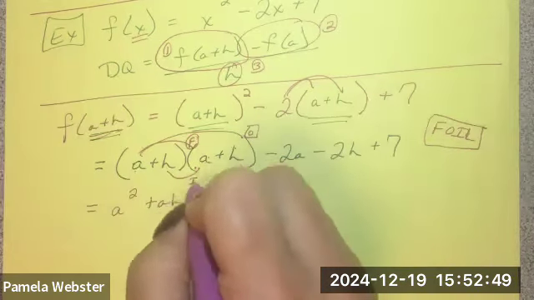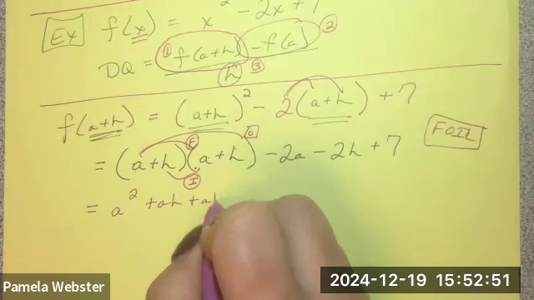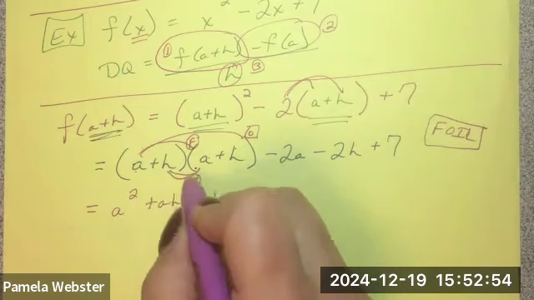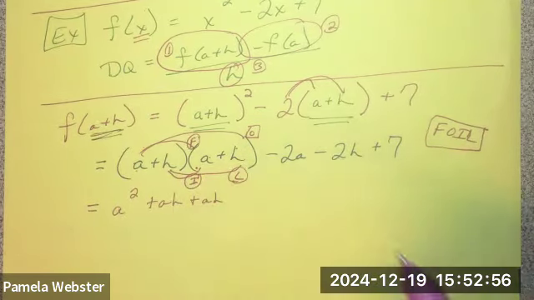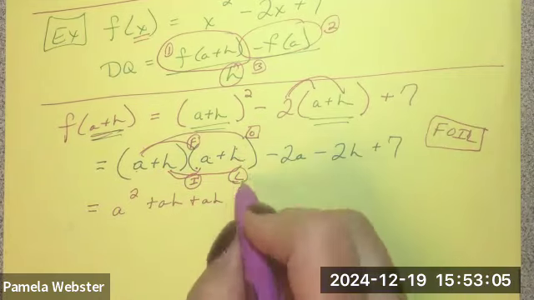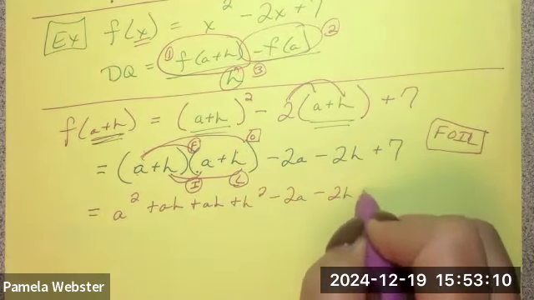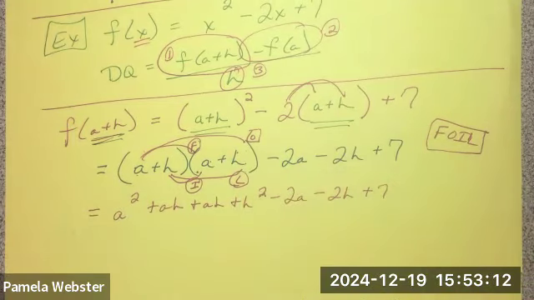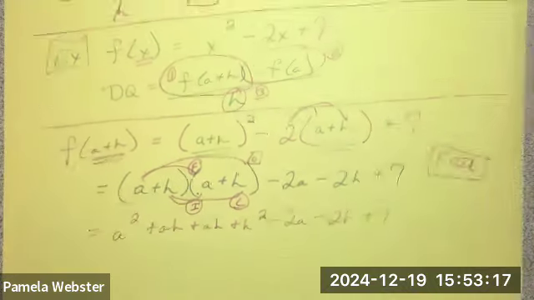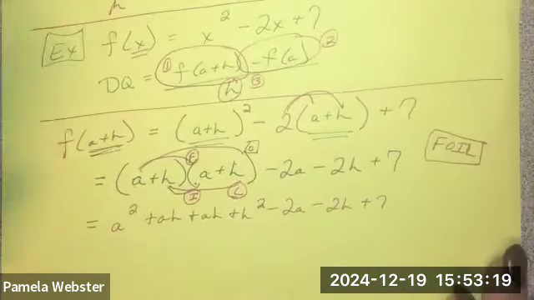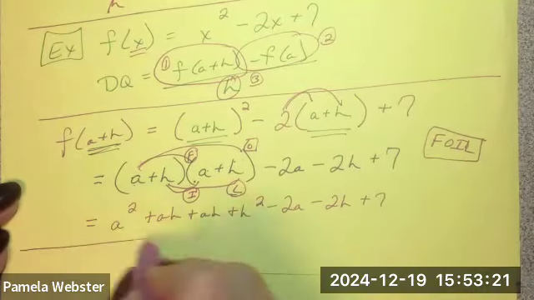These are the insides. A times h, so that's again ah. And these are the last guys. So if you don't remember FOIL, again, go back and do yourself a little bit of work with that and make sure you're all up to date on that. So h times h is an h squared. Okay, there is my f of a plus h. So that one's a little bit longer than the other one was, and it takes more time. So just FYI.